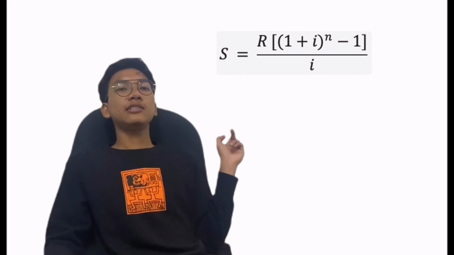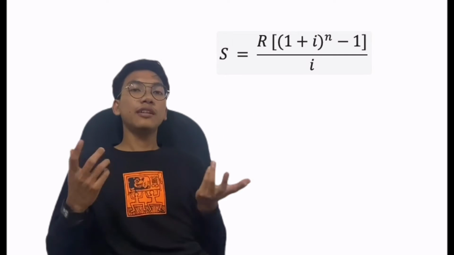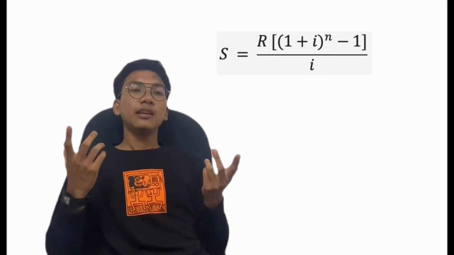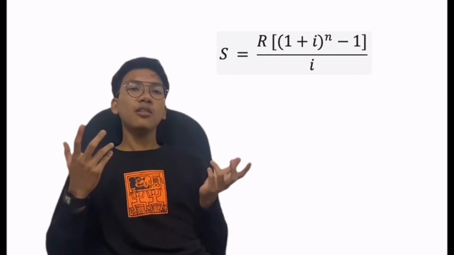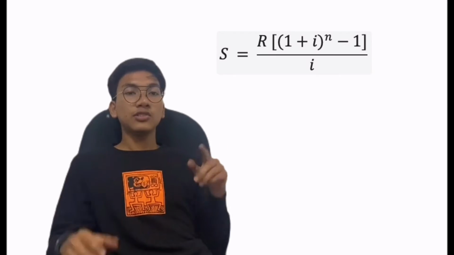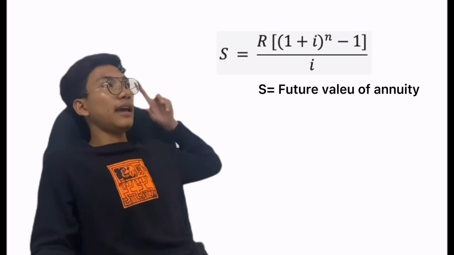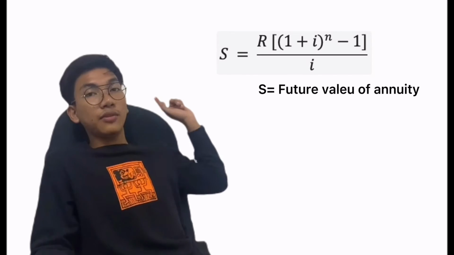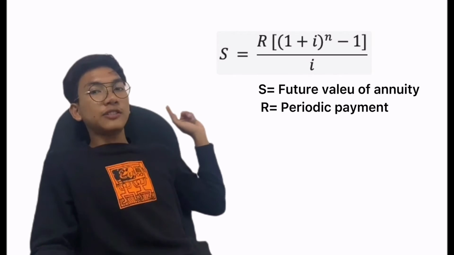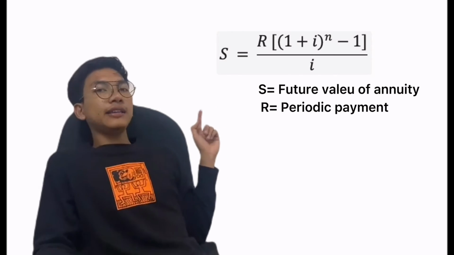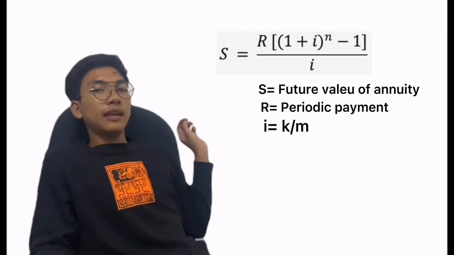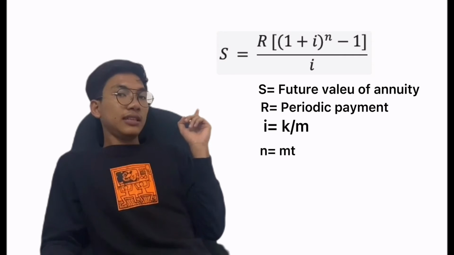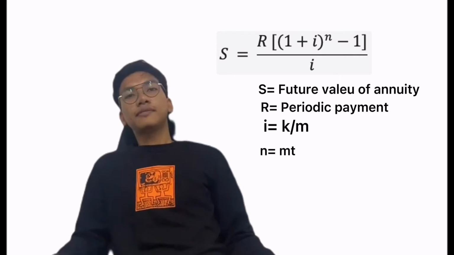Shown in the table beside me, S is the future value of an ordinary annuity. It is the sum of all periodic payments. In the formula, S is future value of annuity, R is periodic payment, i is k over m, n is m times t. So that's all for me.